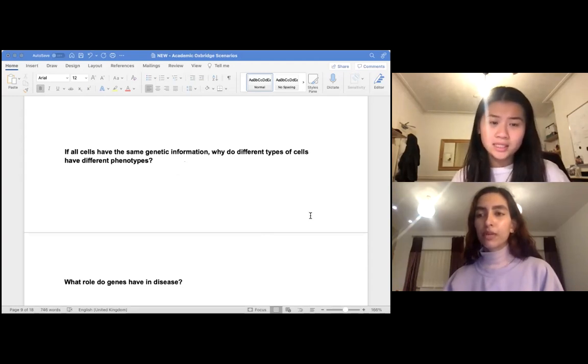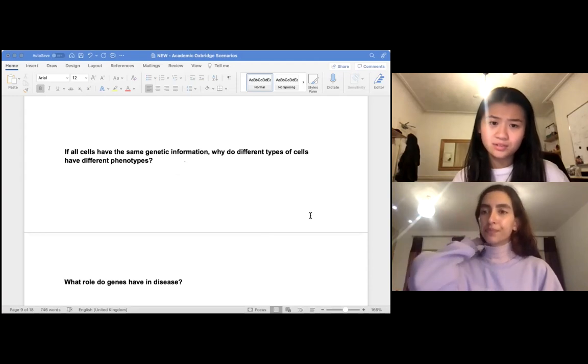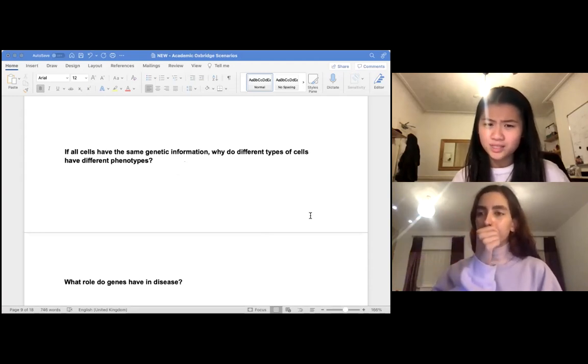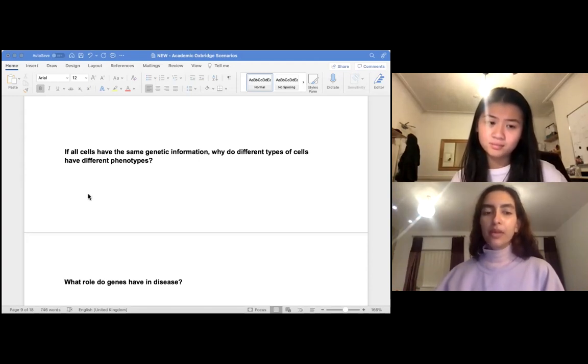Most disease does result from an interaction between genes and the environment. Some of them can be genetically determined, like Down syndrome, and others can be a result from the environment, for example, poisoning. So there's different roles that genes have in disease. Okay.